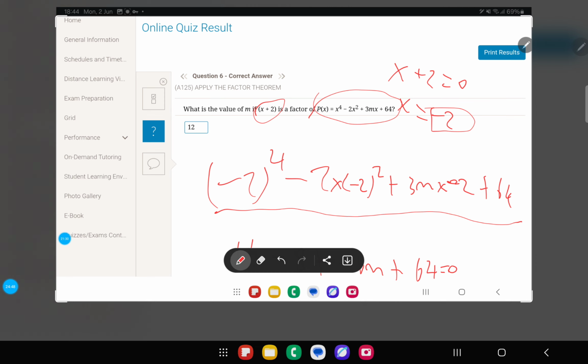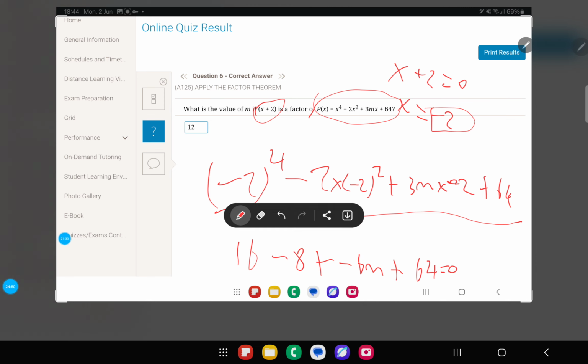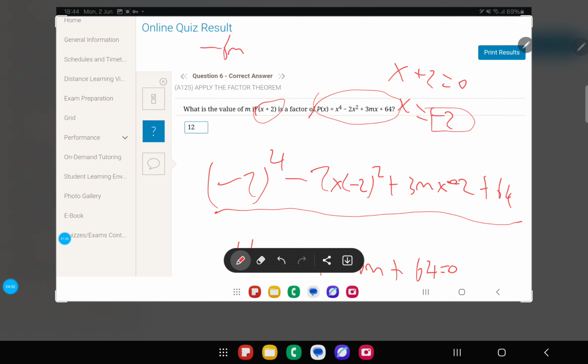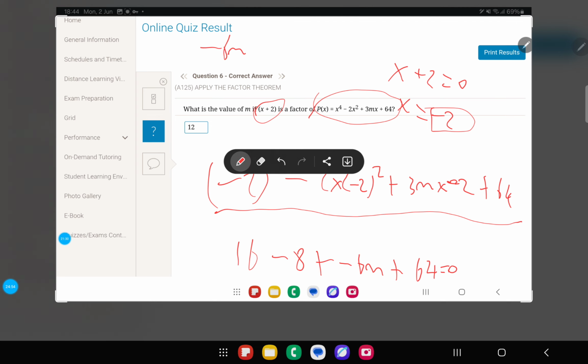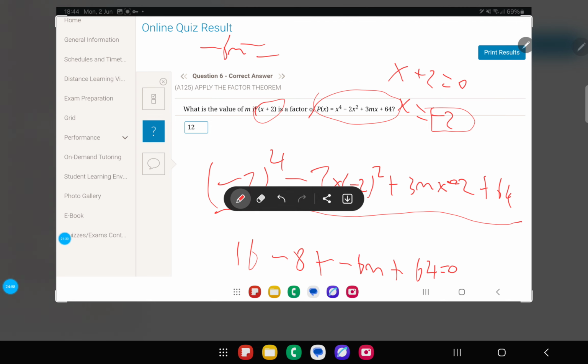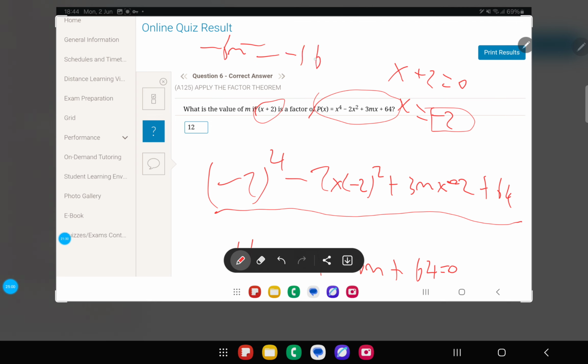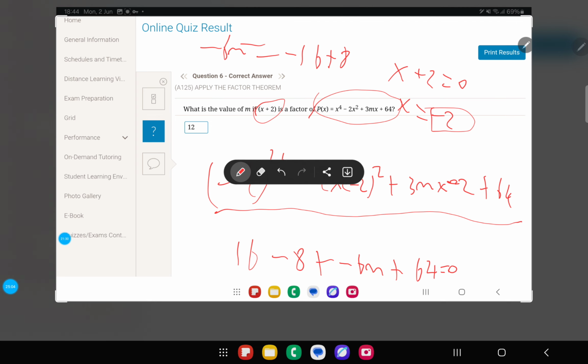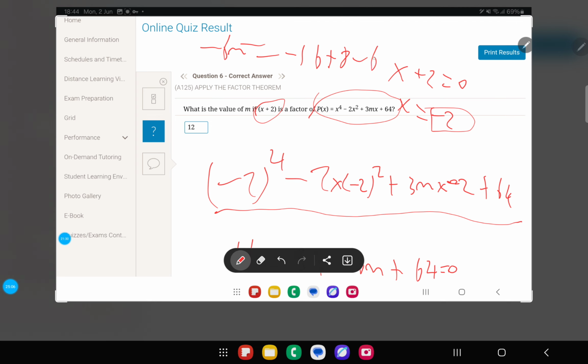You isolate negative 6m, and move everything to the other side. It's going to become negative 16 plus 8, and then minus 64. Okay, so negative 16 plus 8 is going to be negative 8.